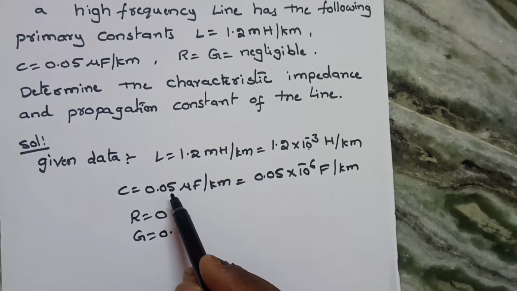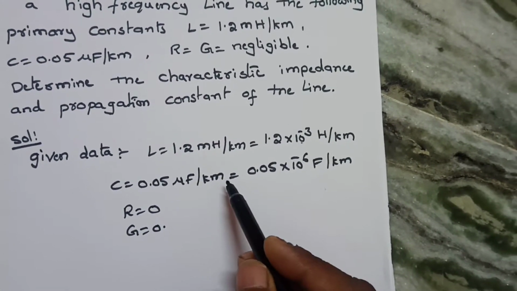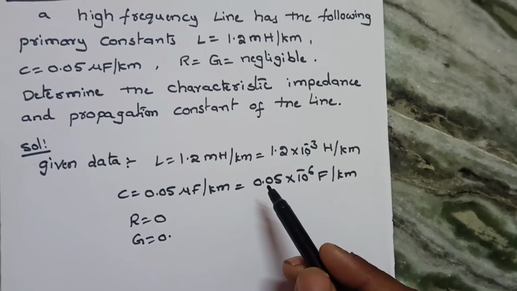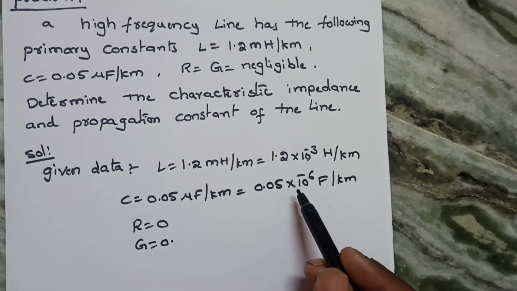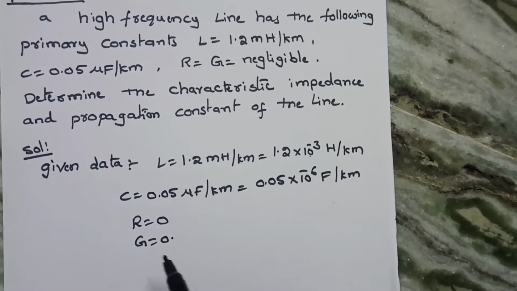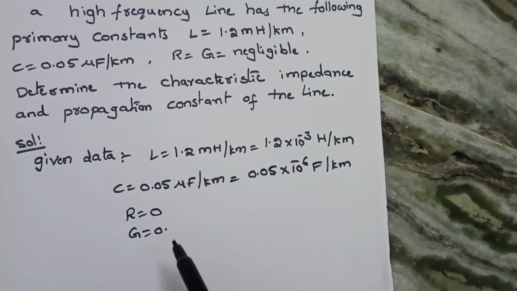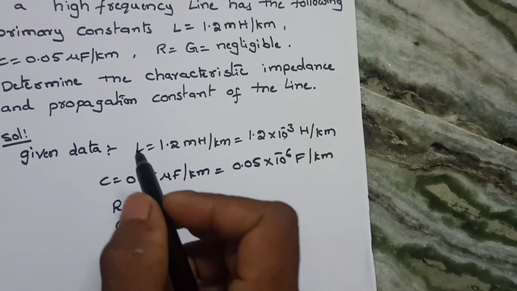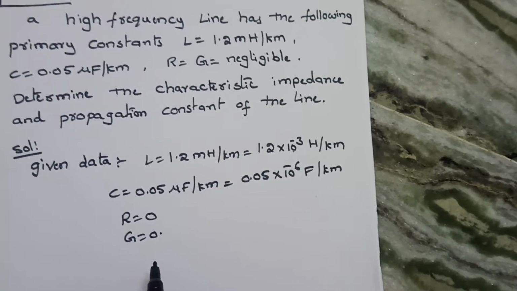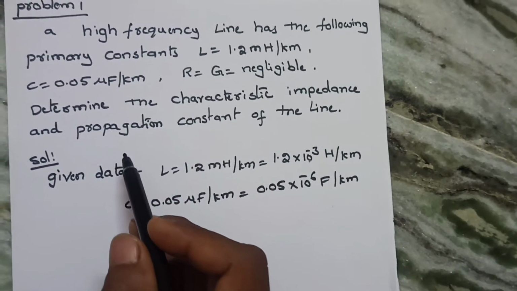And C is equal to 0.05 microfarad per kilometer, which can be converted into farad. Then 0.05 into 10 power minus 6 farad per kilometer. R is equal to 0, G is equal to 0. By using these four parameters, we have to determine characteristic impedance and propagation constant.